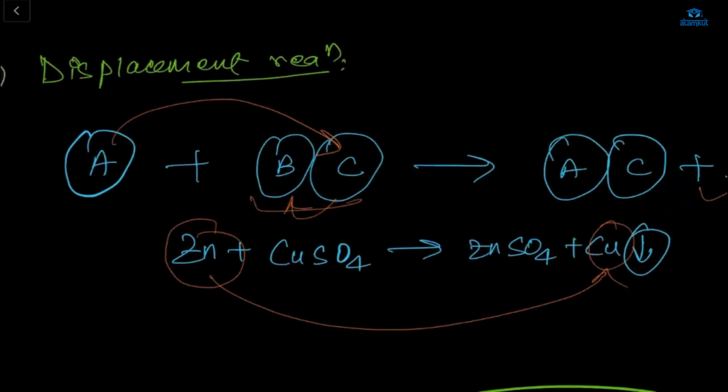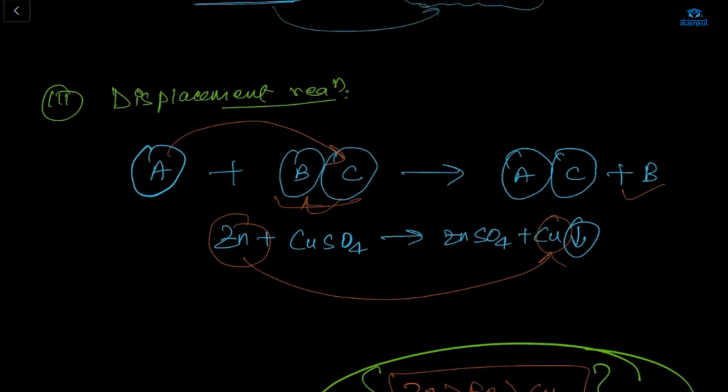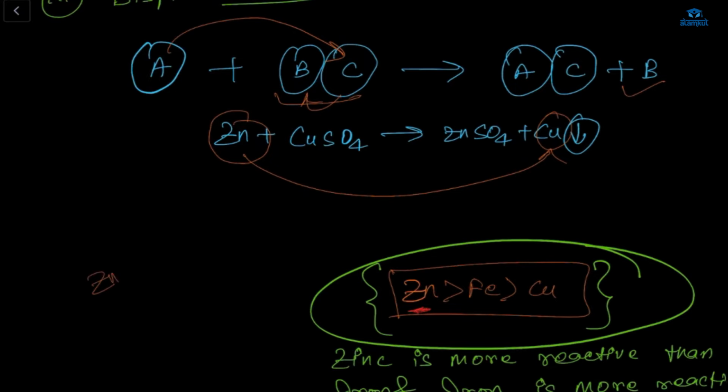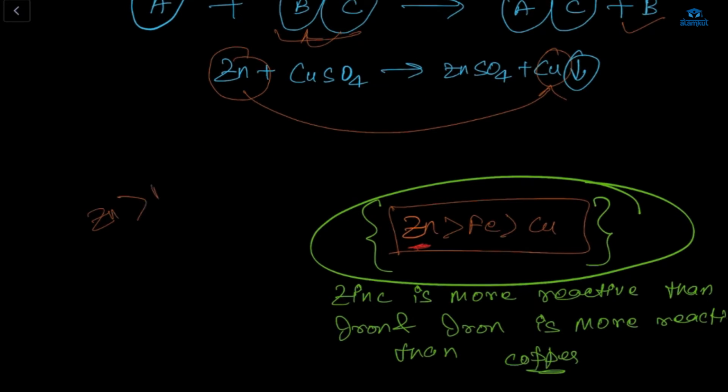Now let's see, what is displacement reaction? Will you please tell me what is displacement reaction? A reaction in which a more reactive element replaces a less reactive element from its compound. Yes, a more reactive element displaces a less reactive element. See, Zn means zinc is more reactive than iron, and iron is more reactive than copper.